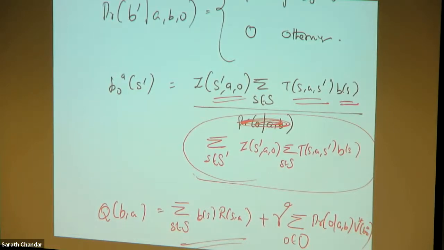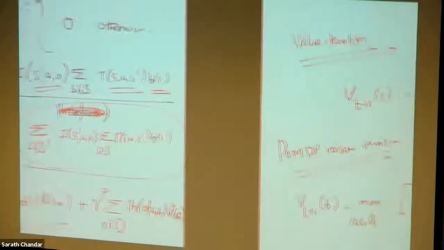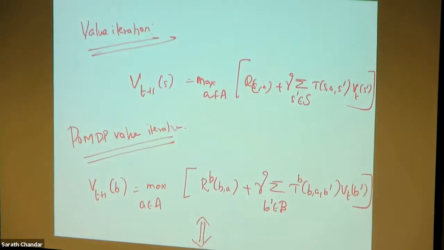Sometimes it is intractable, sometimes it is just computationally too expensive. So if you attempt to come up with a practical algorithm based on this belief state MDP framework, it is going to be extremely slow and computationally very demanding.